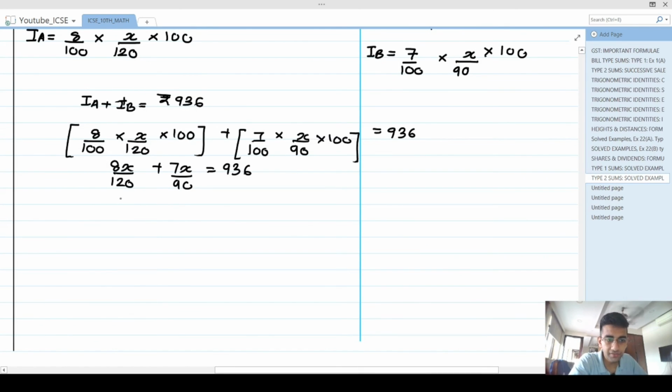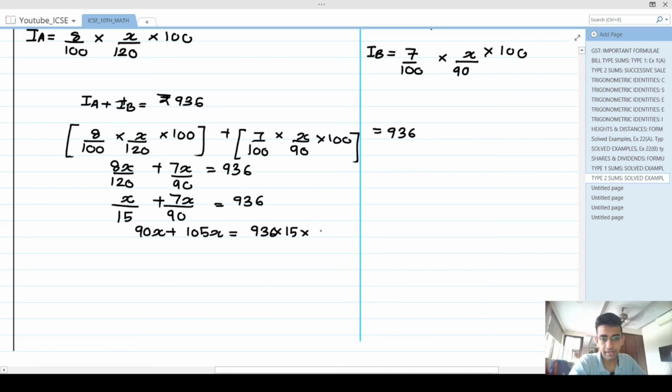Now, you can reduce this further, so you can get x upon 15 plus 7x upon 90 is equal to 936. Alright, so you will get 90x plus 105x is equal to 936 into 15 into 90. So x will be 936 into 15 into 90 upon 195.